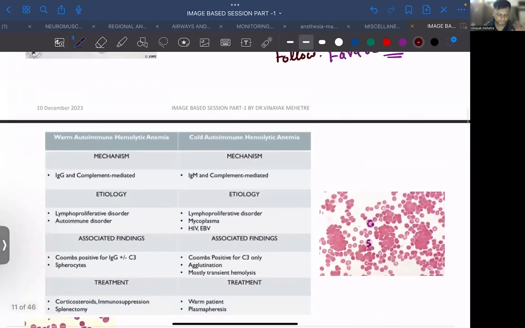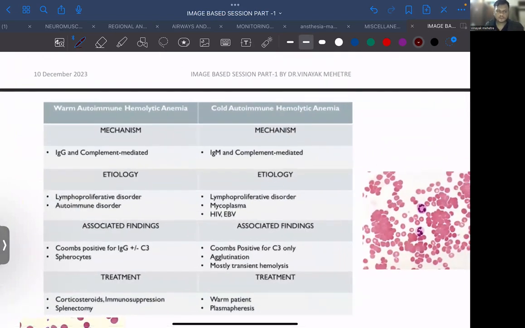Take a look. Warm autoimmune hemolytic anemia and cold autoimmune hemolytic anemia. Take a look over here. That means it is infection, right? Autoimmune disorder and lymphoproliferative disease. That means cancer.